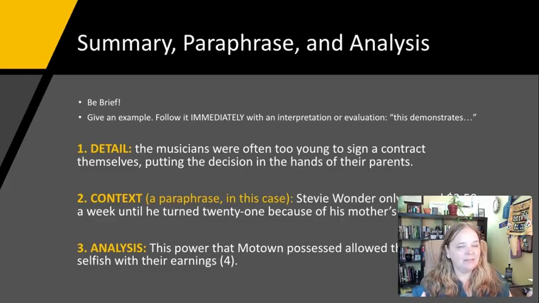Try to leave out I statements. It's not your opinion. You're actually making a very bold statement here about a claim. This is true, this is not true because, and put in the arguments that you plan to explore throughout your paper. So reason 1, reason 2, reason 3. Get them all into that sentence, and in almost every case, it's going to be the last sentence of your introduction.